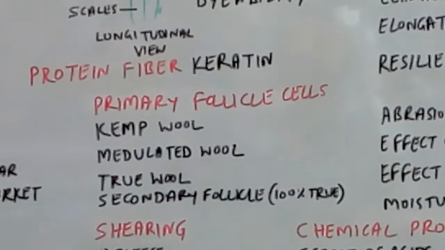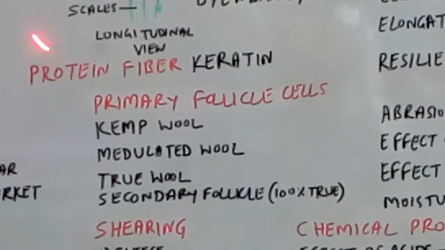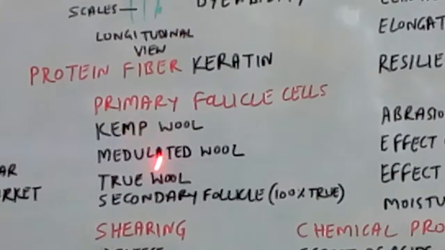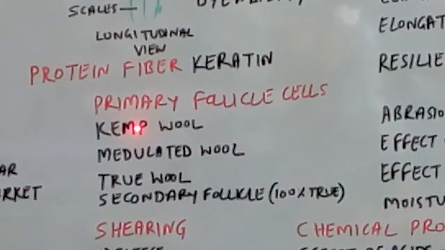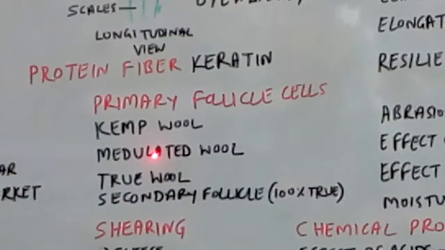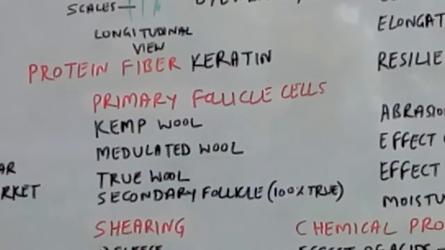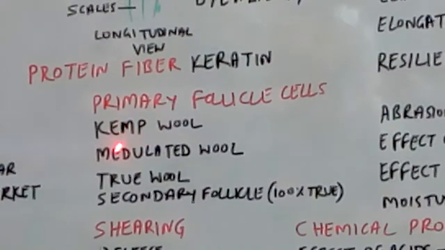From primary follicle cells, three types of wool are produced on the skin. Three types of wool are obtained from these primary follicle cells: kemp wool, medullated wool, and true wool.